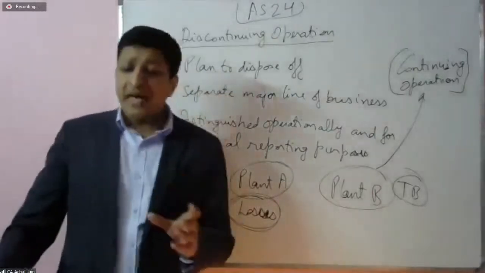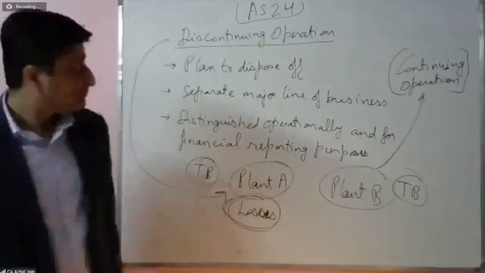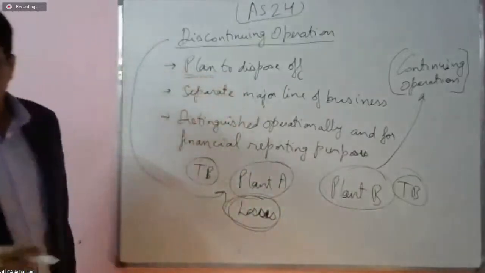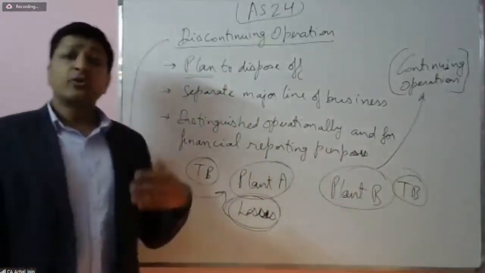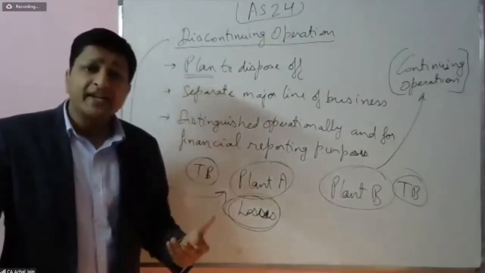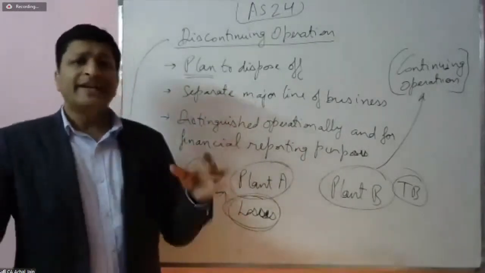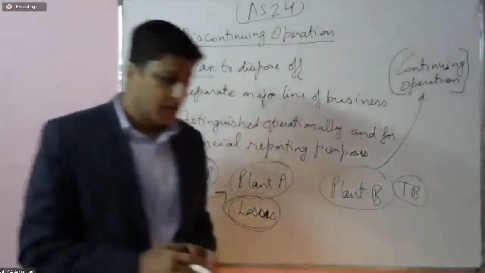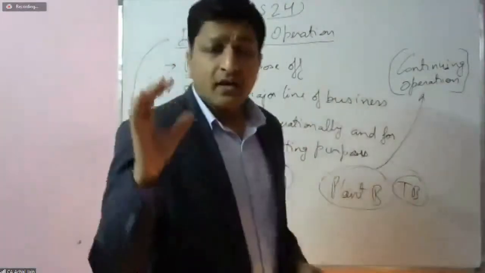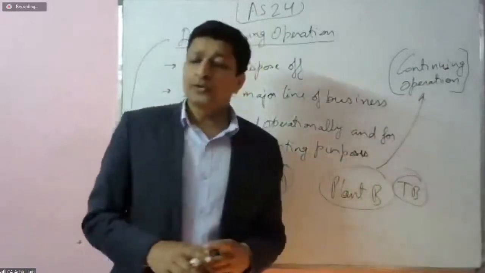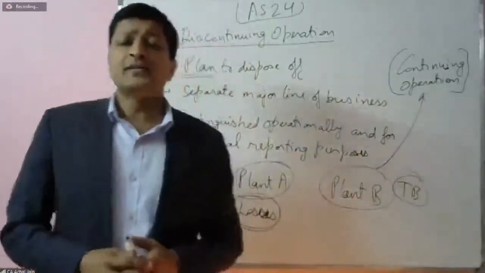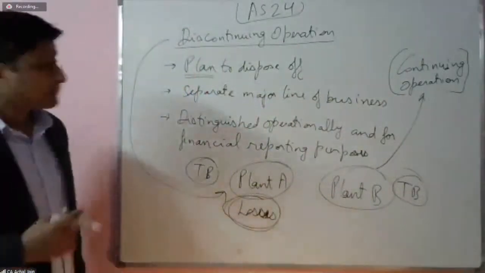The plan of the management should be clear. This plan should be a concrete plan. It should not be a thought, it should not be an idea, but it should be internally approved. Means the board approval should be there in case of a company. In case it's not a company, then the required approvals of the approving authority should be there. The management should be firm in terms of its plan to dispose it of.